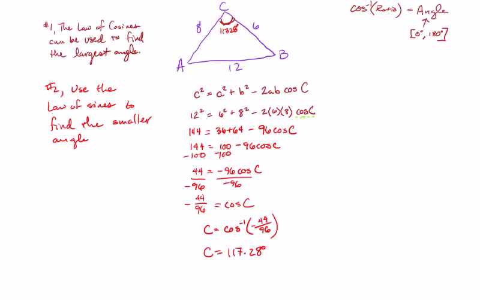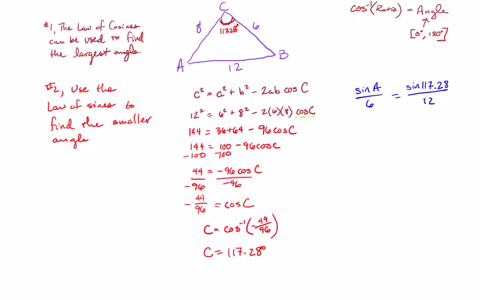So in this case, I'm going to find angle A. So sine of A over 6 equals sine of 117.28 over 12.